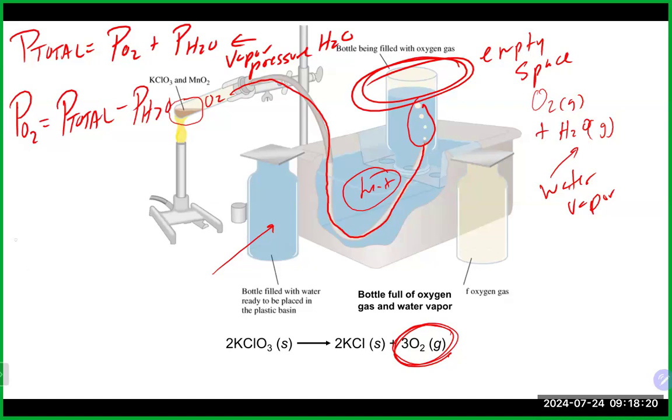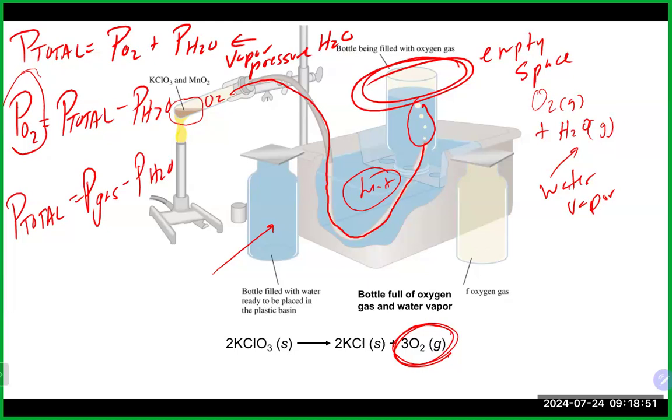So in general, in this type of situation, the total pressure will equal the pressure of the gas you're interested in plus the vapor pressure of water. The pressure of the oxygen gas is sometimes referred to as the pressure of the dry gas, because you're subtracting off water's contribution to the total pressure. So it's a very common thing.